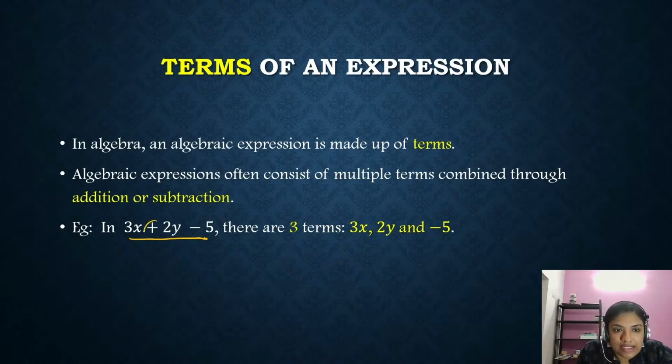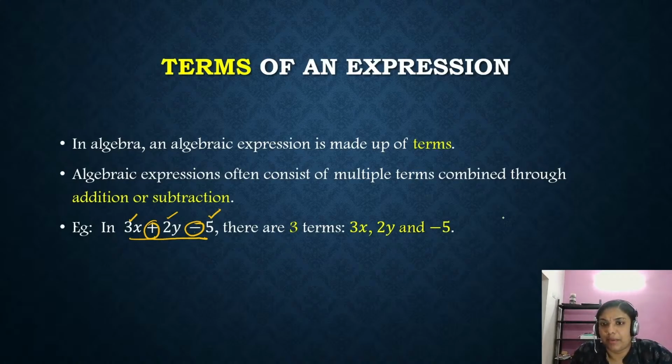So here you can see a plus sign over here, right? So that means 3x is one term and 2y is another term because here one minus is also visible. So 5 is another term. Okay, so this plus and minus separates the terms. Okay, addition and subtraction separates the terms.